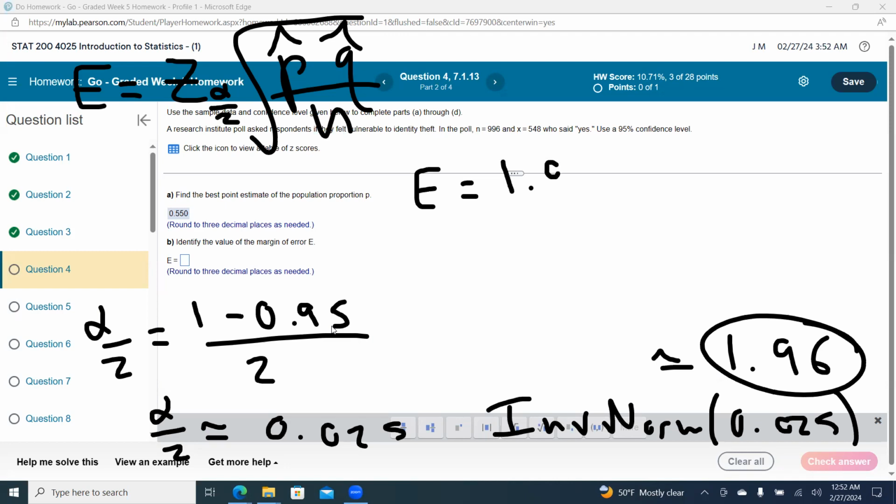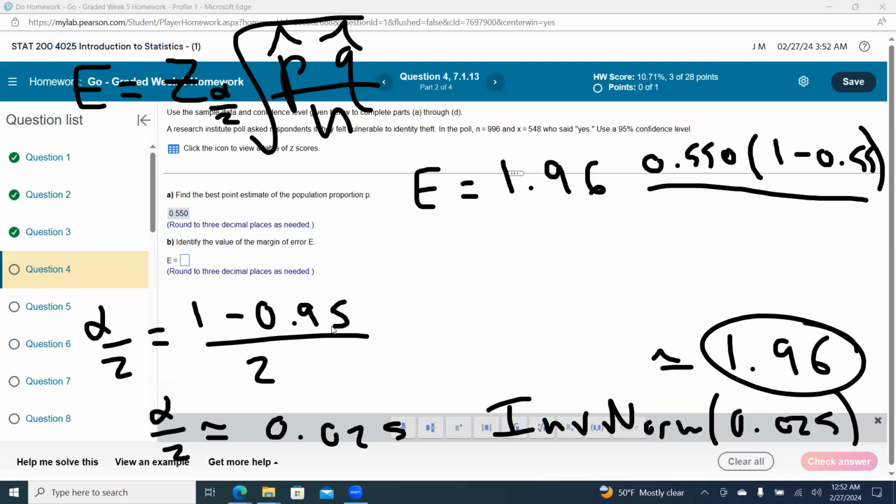So it's 1.96 on the outside of the square root. On the inside is p hat, 0.550, in parentheses 1 minus 0.550, divided by n, which is 996.